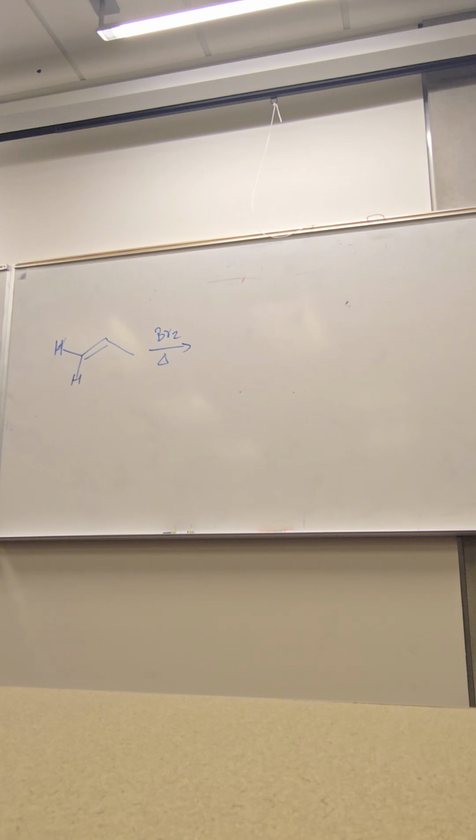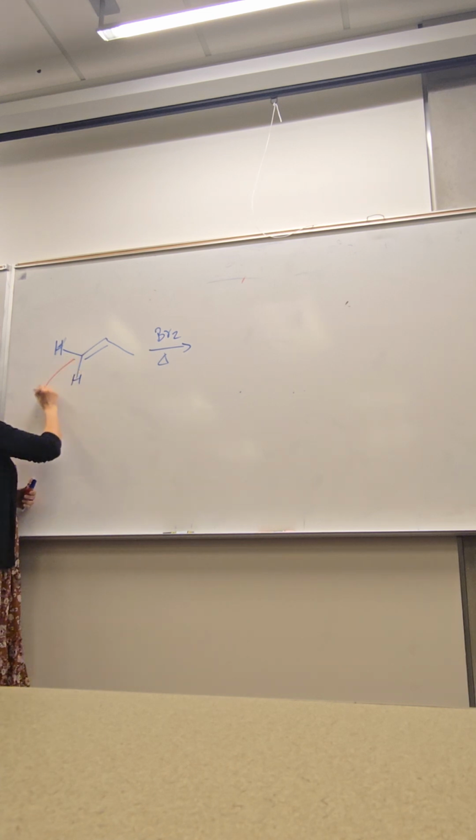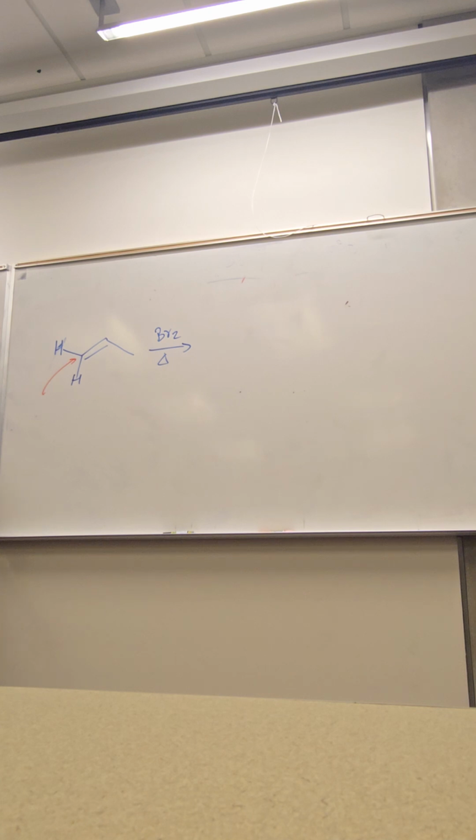Two. Why? Which two? The one on the far end, and then the one that has... What's the hybridization state? sp2? Okay, so in this reaction, do we replace hydrogens on sp2 hybridized carbons or hydrogens on sp3 hybridized carbons?